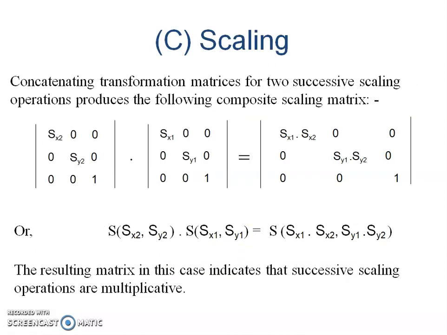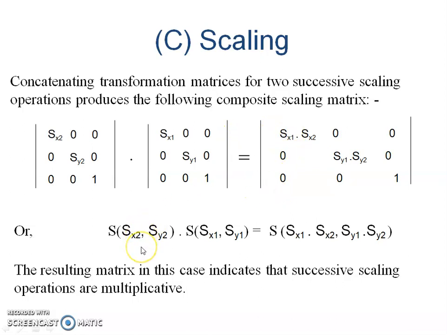Here, successive scaling. Concatenating transformation matrices for two successive scaling operations produces the following composite scaling matrix. That is, the scaling matrix [sx2 0 0; 0 sy2 0; 0 0 1] into the matrix [sx1 0 0; 0 sy1 0; 0 0 1], which is equal to [sx1 into sx2 0 0; 0 sy1 into sy2 0; 0 0 1].